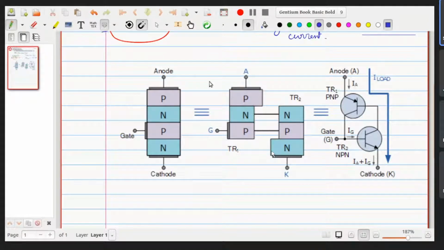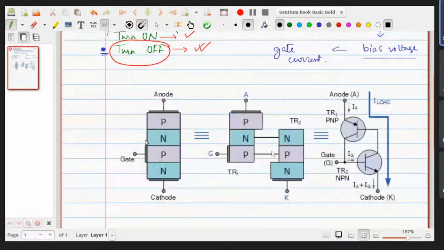Let me draw the symbolic representation first. The symbolic representation in total, as we represent it, is something like this. So this we all know, that is the diode.